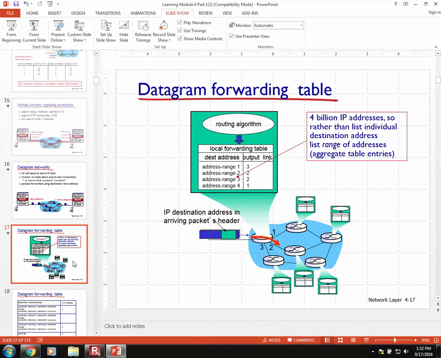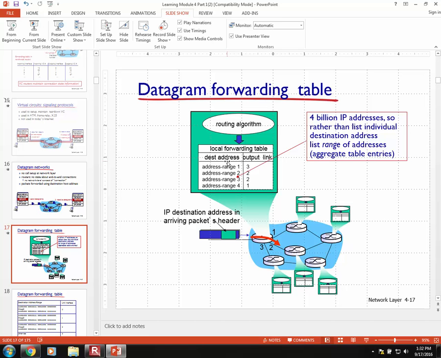So in your datagram forwarding table, you basically have address ranges or subnets listed rather than individual addresses.